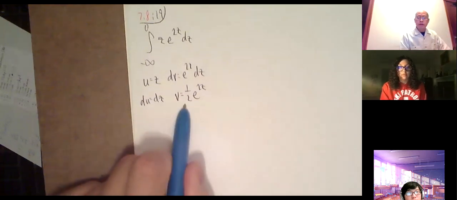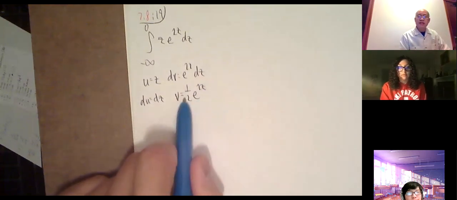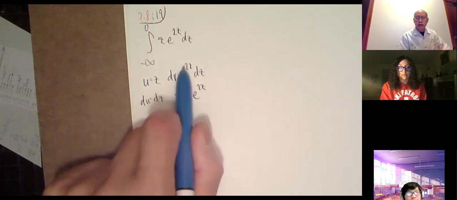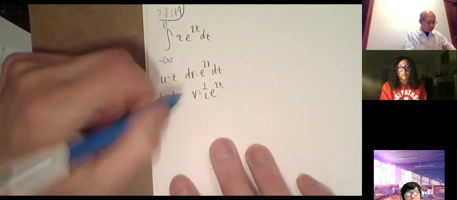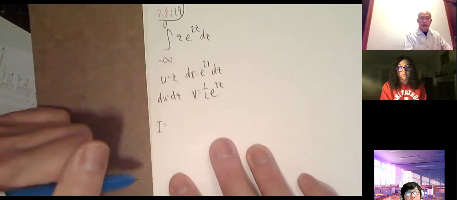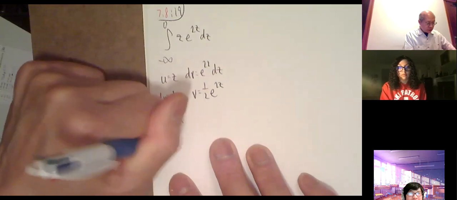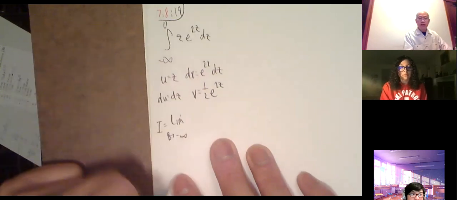Double check, what's the derivative of this? The derivative of this would be the same thing, and then times 2. The 2 cancels out, so you have that. So I equals the limit as b approaches negative infinity.